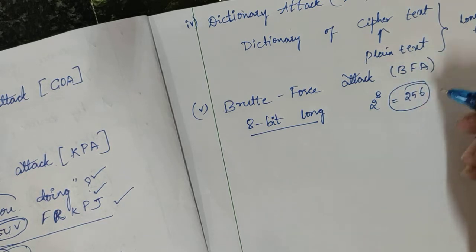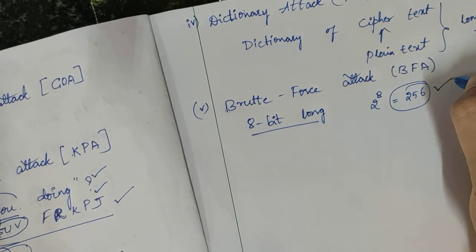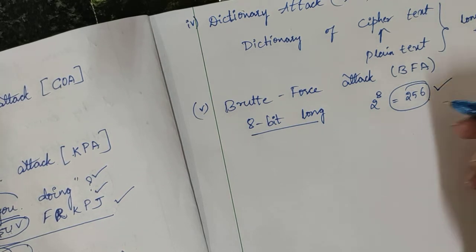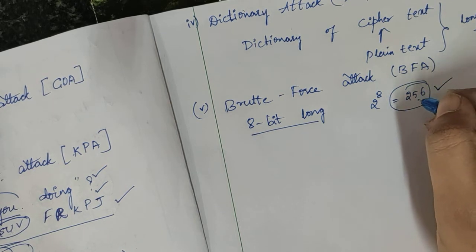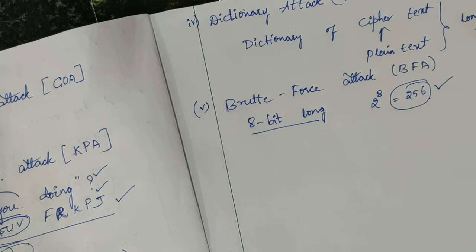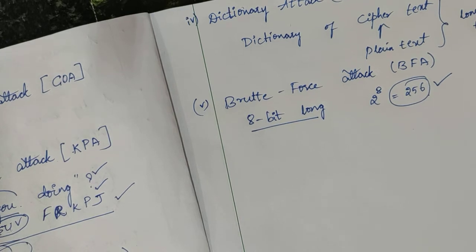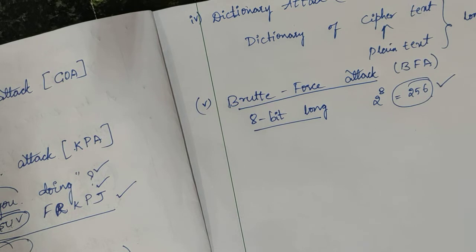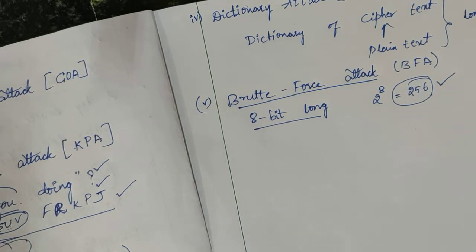He will try to determine the key by attempting all 256 possibilities. The attacker knows the ciphertext and the algorithm. Now he attempts all the 256 keys one by one for decryption. But the time consumption will be more in this type of attack. But this is how a brute force attack happens.